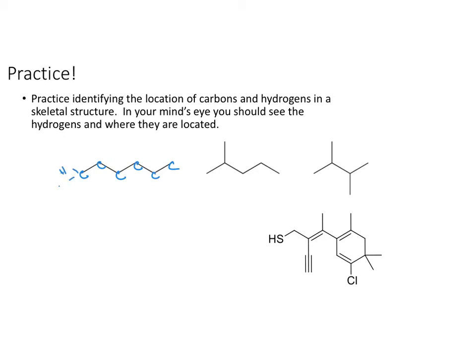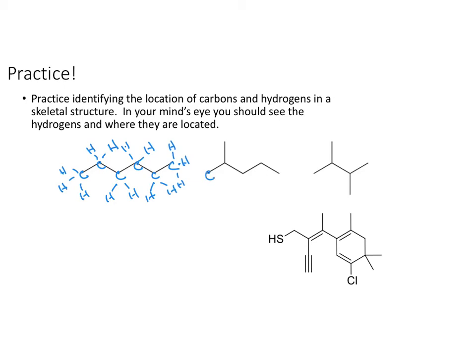So that would require 3 hydrogens on this carbon, 2 hydrogens here, 2 here, 2 here, 2 here, and 3 here. And again, you're not going to draw in your hydrogens all the time. This is just to help you understand where the hydrogens are that aren't shown. Soon it will become second nature to you.